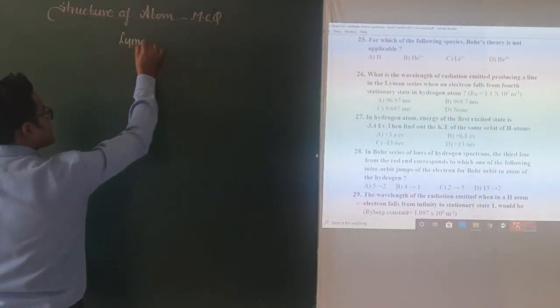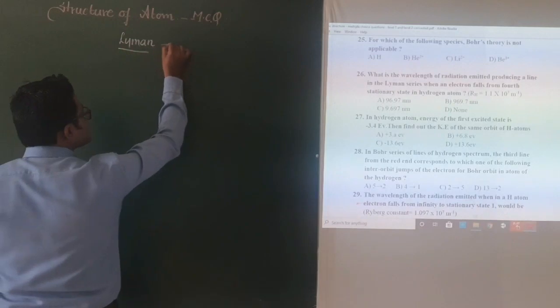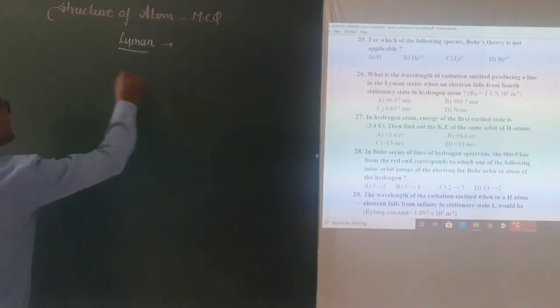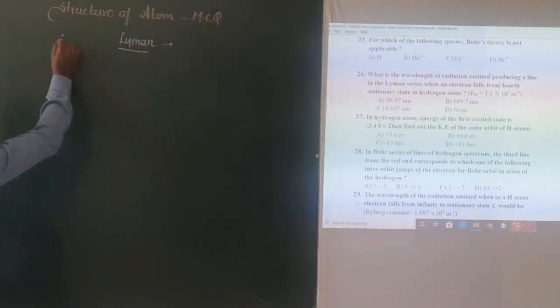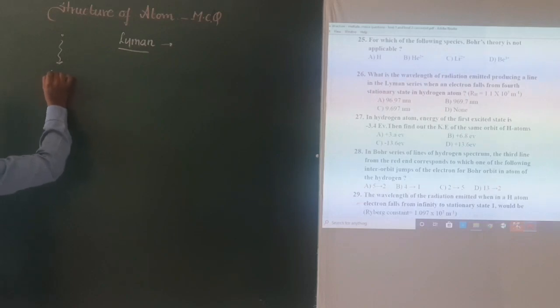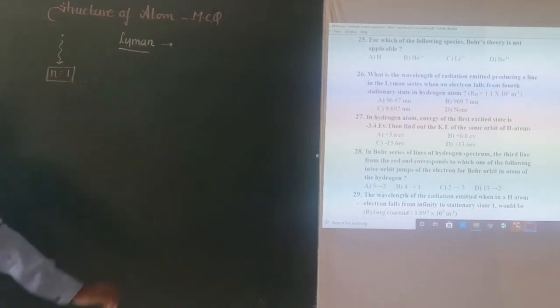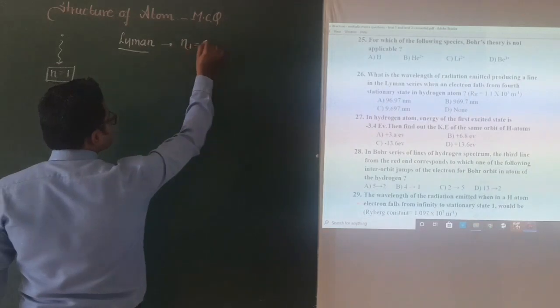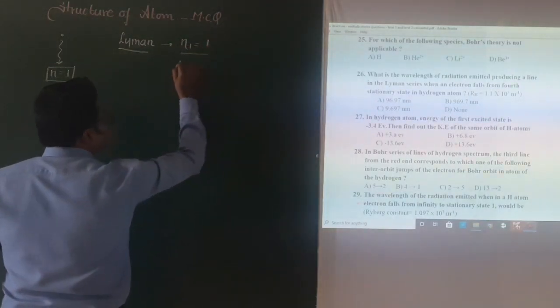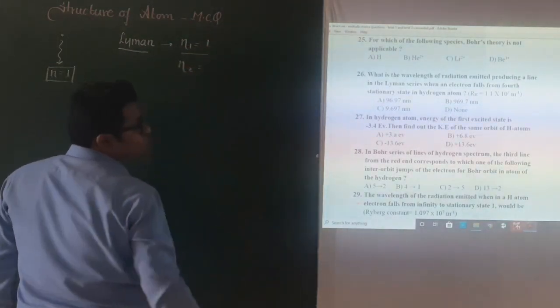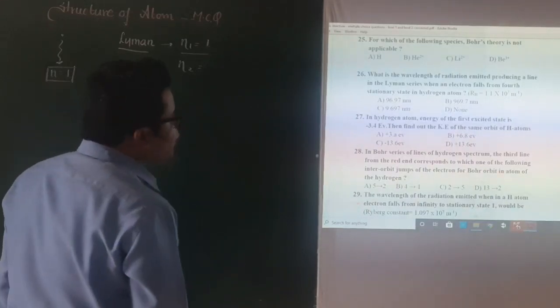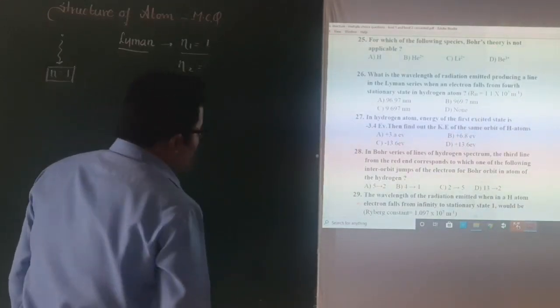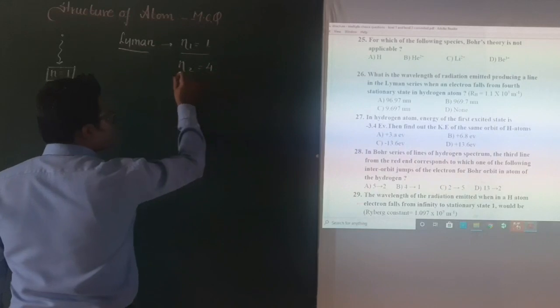Lyman series is obtained when an electron jumps from any of the higher orbits to n equal to 1. Right? This is the condition. So therefore, n1 is equal to 1, n2 is equal to 4.